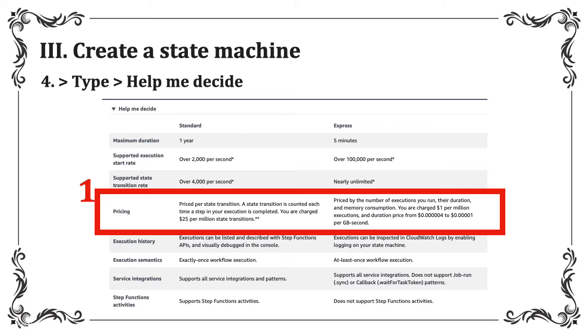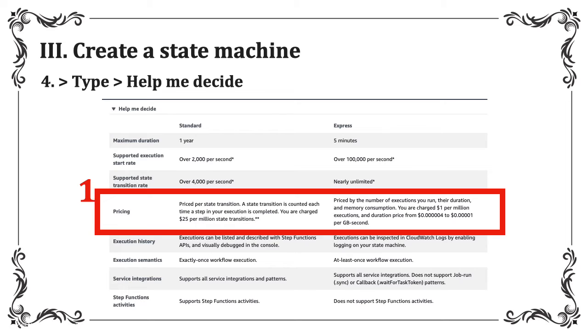In the standard workflow, each time a step is completed, we will have one state transition, and we will be charged $0.000025 for that transition. That means $25 per 1 million state transitions. While in express workflows, we are charged for the number of executions, their durations, and their memory consumption.